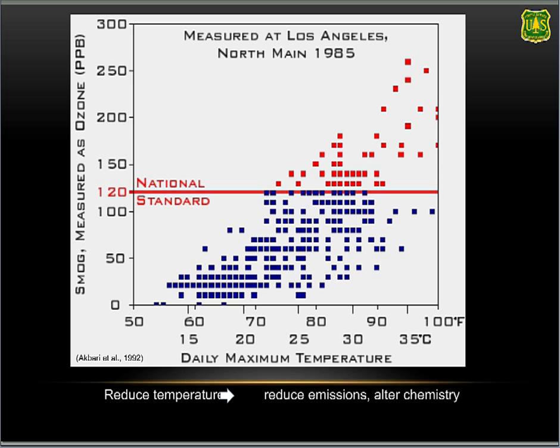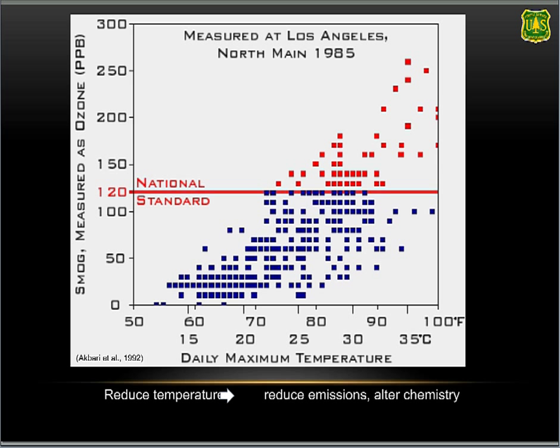Because what happens when you get warmer temperatures, you tend to get more emissions, because many emissions are temperature dependent. You also have altered photochemistry. So as you have warmer temperatures, the formation, remember ozone is a secondary pollutant, the formation of this ozone tends to accelerate due to warmer air temperatures. So if we can cool the temperatures down, we tend to have less ozone and less emissions.